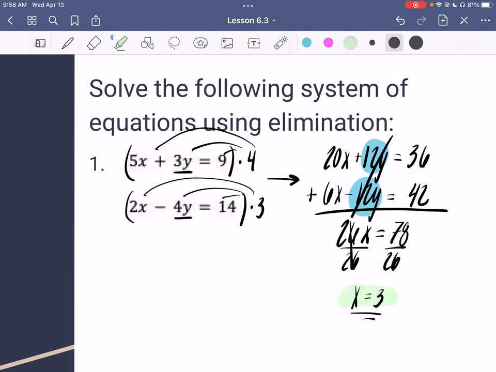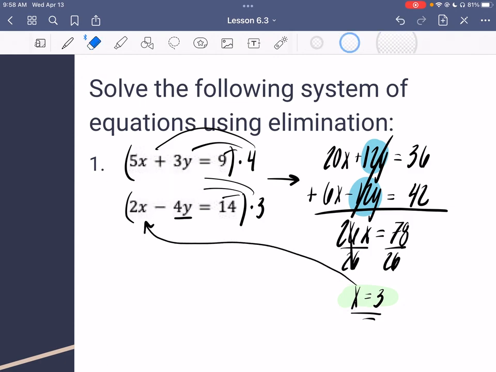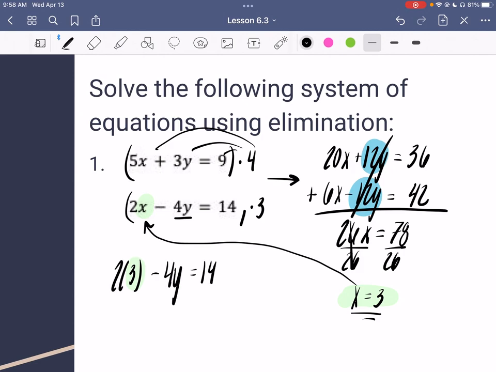So my first variable solved for, and now I'm going to plug this back into one of the original equations. I'm going to plug it in here for the second one. Actually, let me just draw this over here, and I'll get rid of all these, just because this looks a little bit less messy. So we get 2 times x, which is 3 in this case, minus 4y equals 14.